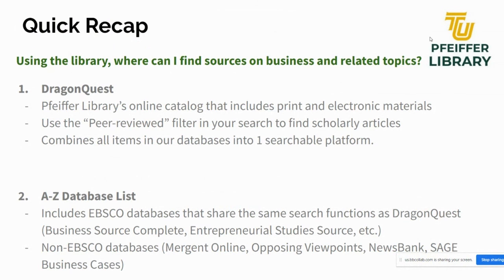There is our A to Z database list, which includes EBSCO databases that share the same search functions as Dragon Quest. Those include Business Source Complete and Entrepreneurial Studies Source, and then there's others as well. And then there's the non-EBSCO databases that I just demonstrated, which were Mergent Online, Opposing Viewpoints, Newsbank, and Sage Business Cases.